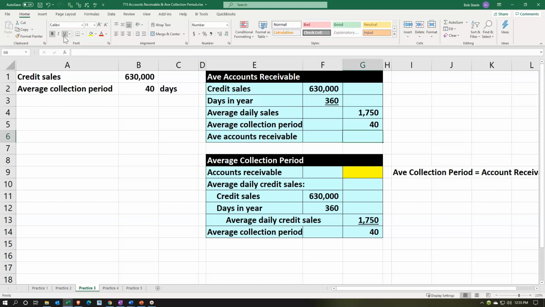And that'll give us the average accounts receivable. If we then multiply this out, the 1750 times the 40. Let's put an underline up top, Home tab, Font group, and underline. And so you can see that that's the same thing you would be doing here, right? If I was to back into this number, it would be this number times this number.